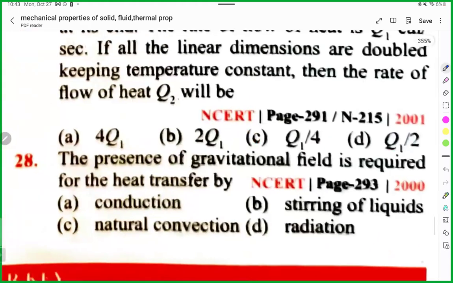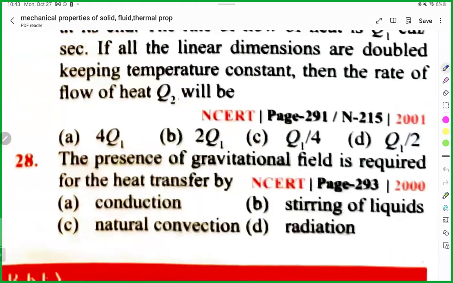Anvita, 28th question. The answer is C, natural convection. Naturally, the gravitational field is required for heat transfer by natural convection, because the flow of gas or fluid occurs due to the temperature difference in the vertical direction.